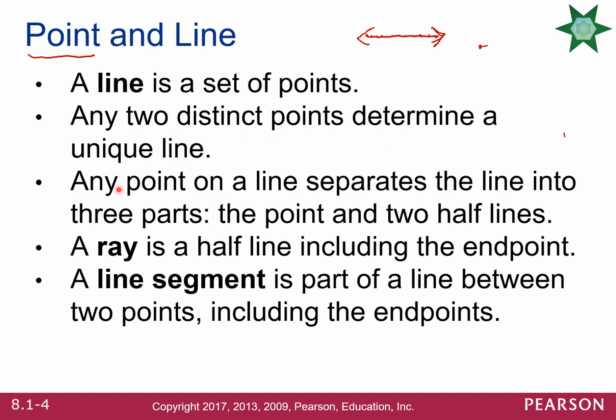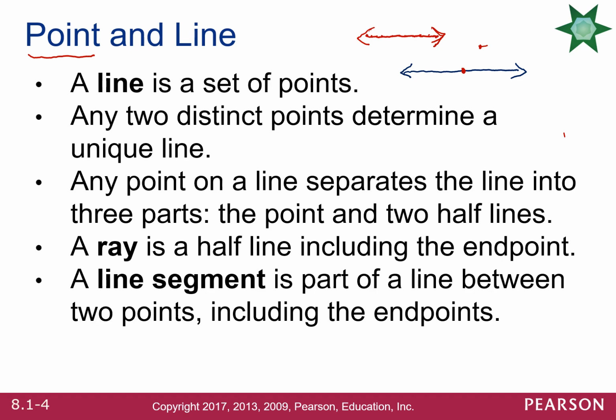Now the third bullet says here, any point on a line separates the line into 3 parts, the point and 2 half lines. So again, let's draw a line here. And if we just pick any point on this line, maybe this point here, this point divides the line or separates the line into three parts.